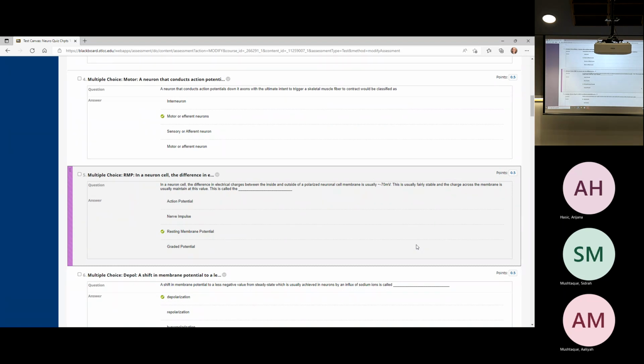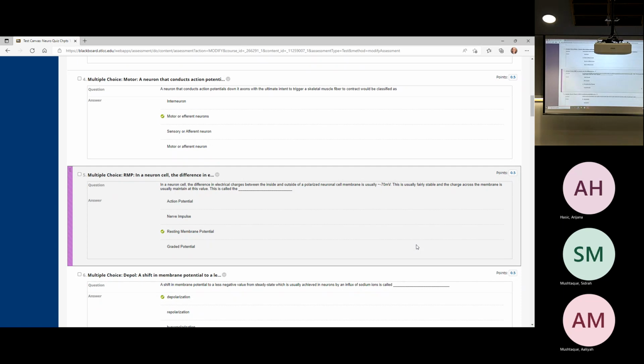No, that's its stable, steady state, where something leaks in, something leaks out, and the pump works. So that negative 70 is usually fairly stable, and the charge across the membrane is usually maintained at this value. Therefore, I am going to call this value, if the neuron is sitting at that, the neuron's resting membrane potential.